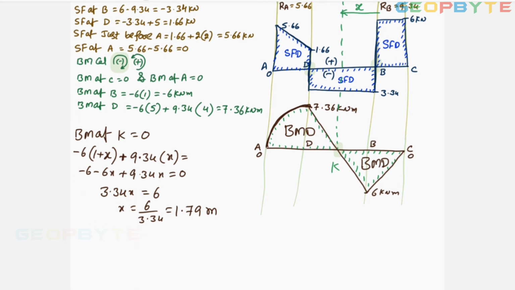Let me write that point. The point of contraflexure is very, very important.